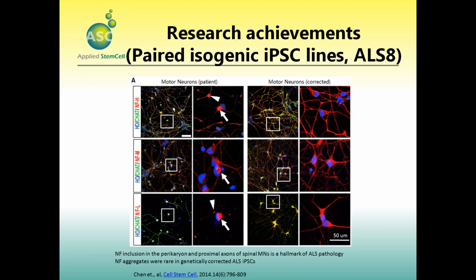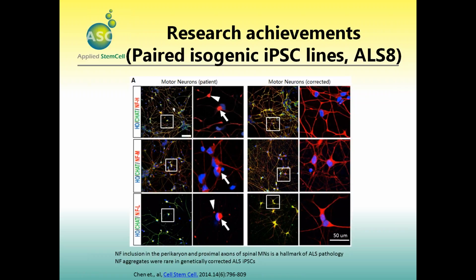On the left panel are the motor neurons differentiated from the patient iPS cells. There is clear NF aggregation, indicated by arrows and arrowheads. However, on the right side are the motor neurons from the corrected patient iPS cells, which carry the normal genotype.